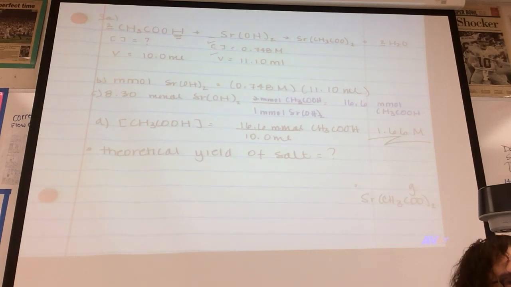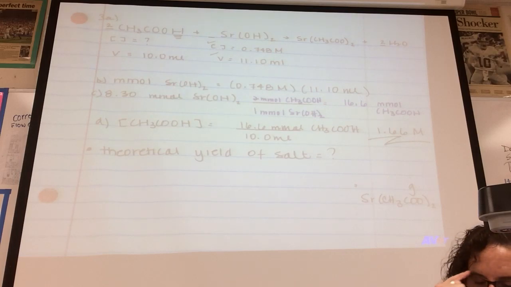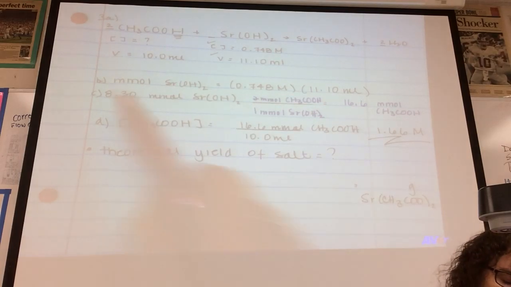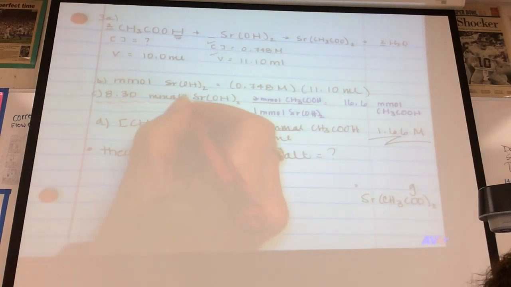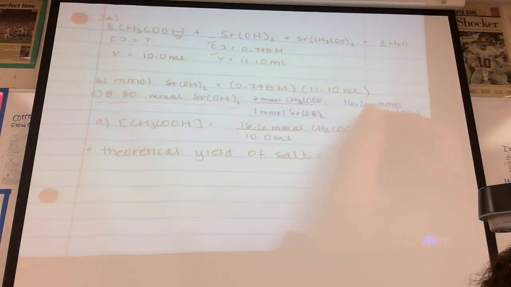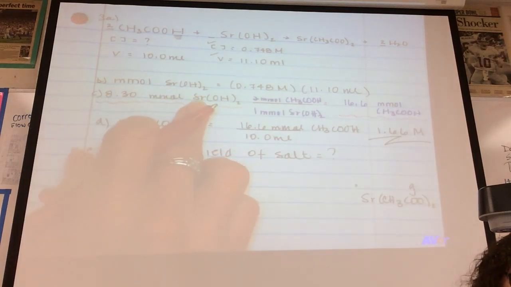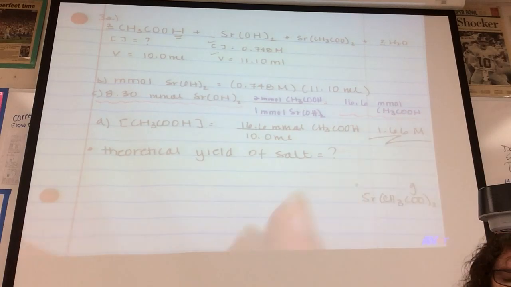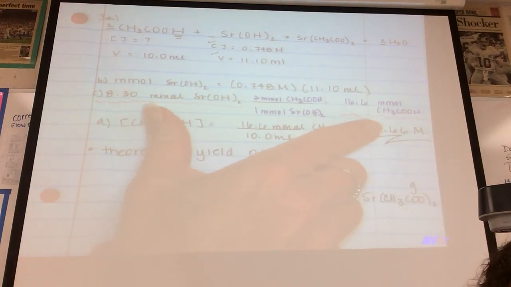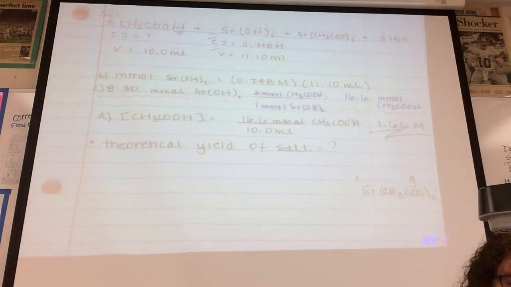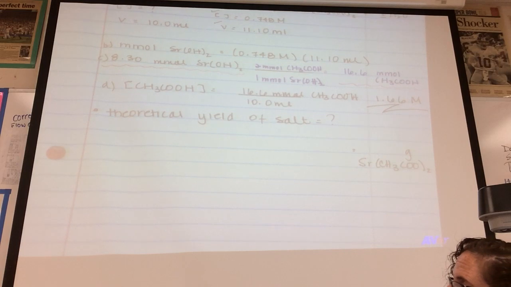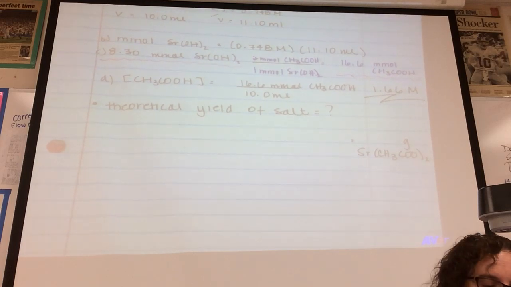Limiting reagent. Now, looking at your problem earlier, you had this many millimoles of strontium hydroxide and this many millimoles of acetic acid. Are these stoichiometrically equivalent? Yes. So you can use whichever one you want with one little alteration.